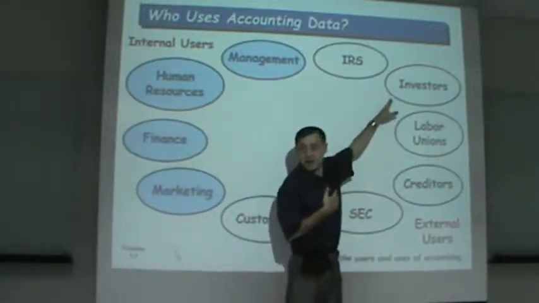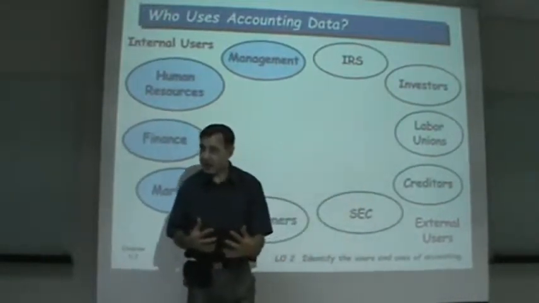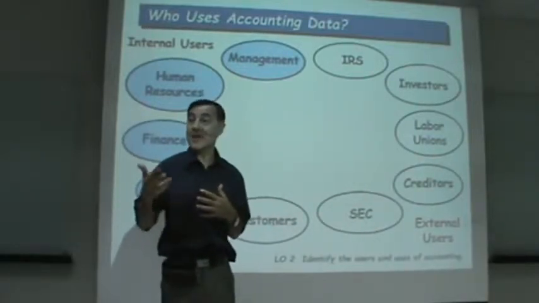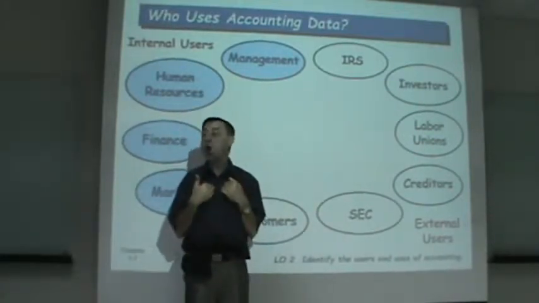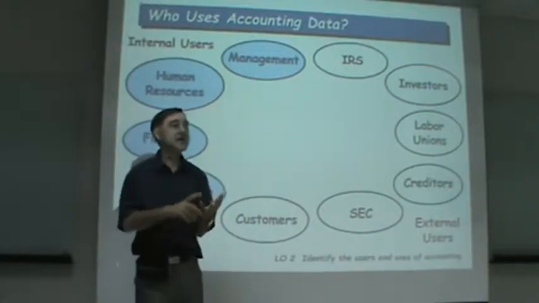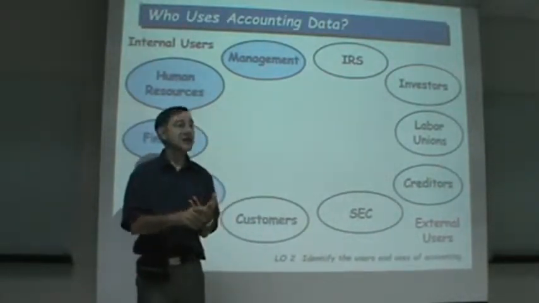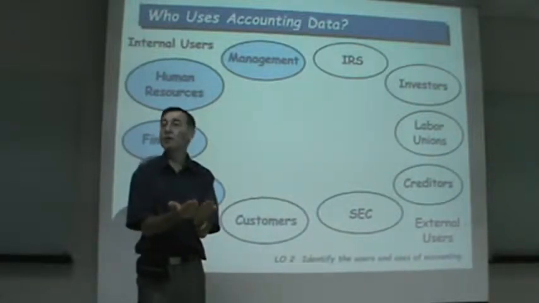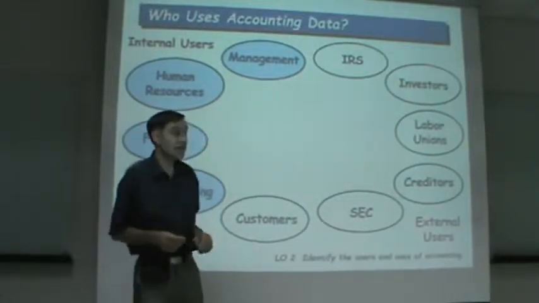So investors risk their own money, they risk their own capital, and they want to know the assets, the liabilities, the profits. They want to read the accounting or the financial statements.